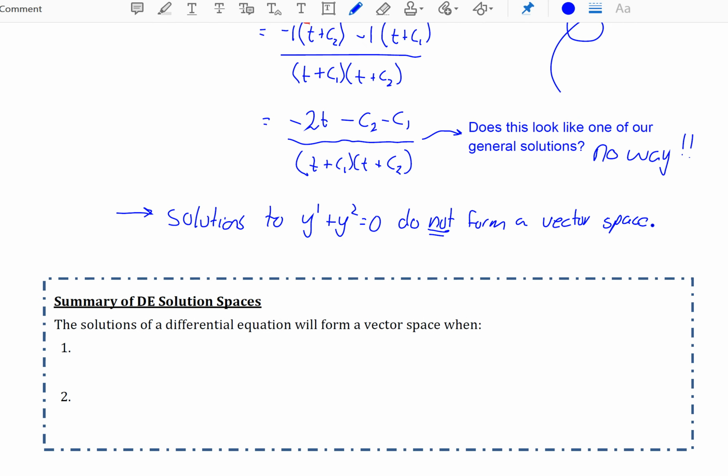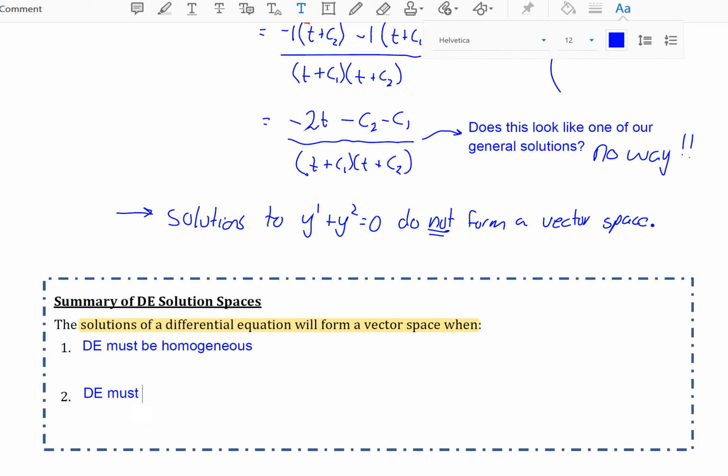So maybe we can now put down a summary of what these last three examples should do for us. Is, when do the solutions of a DE form a vector space? So we can say the solutions of a DE will form a vector space when the following two properties are held. One, the DE must be homogeneous. And that's how we're guaranteed to get the 0 vector in there. And two, the DE must be linear.